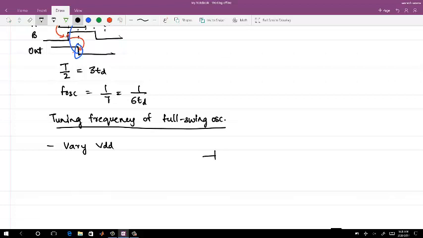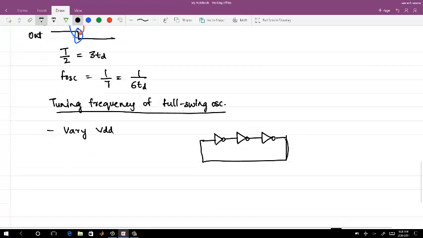Let's say I have this inverter with this loop closed, and both VDD and ground are here. If I vary VDD, I am changing the charging and discharging voltage, and thereby I am varying the delay TD of the inverter. So I can vary the frequency in this manner.